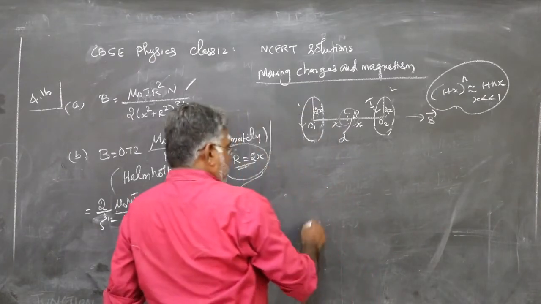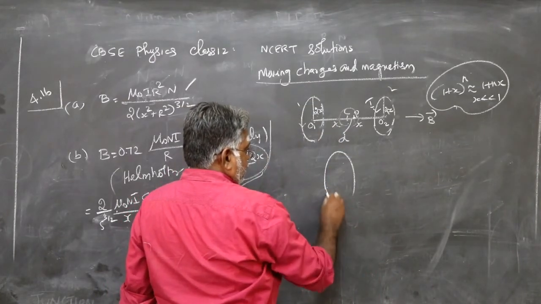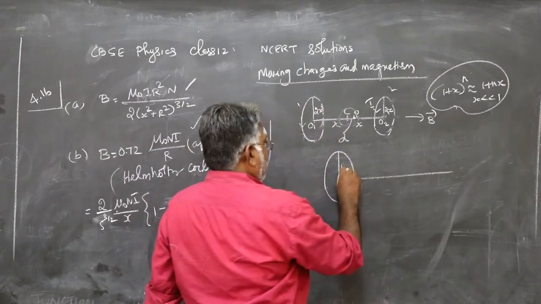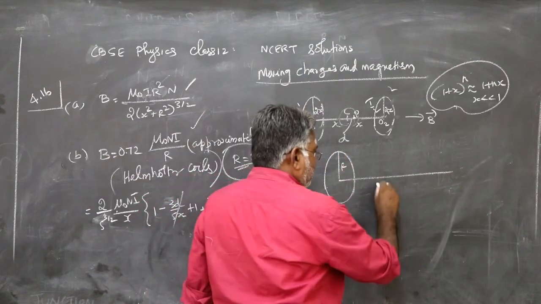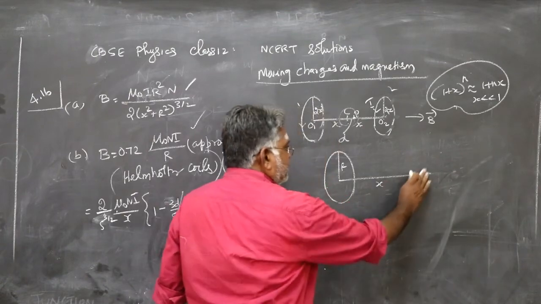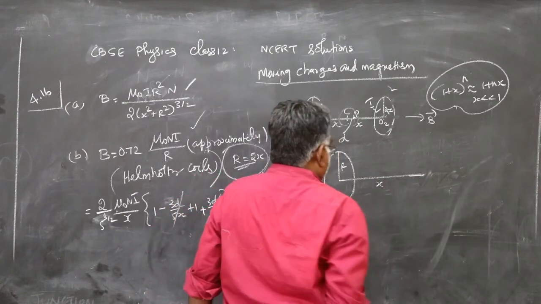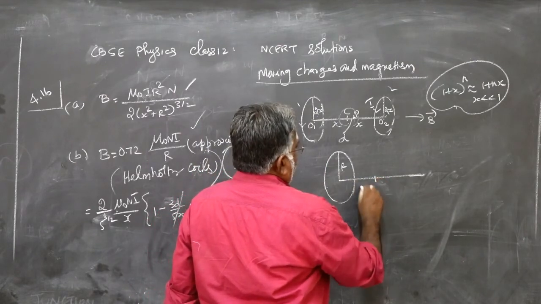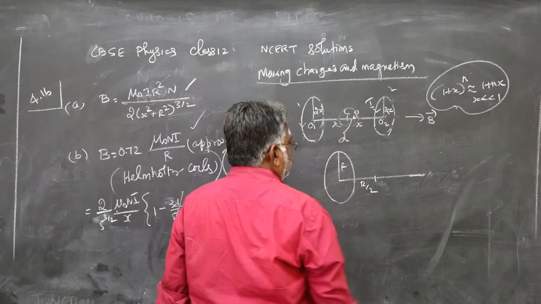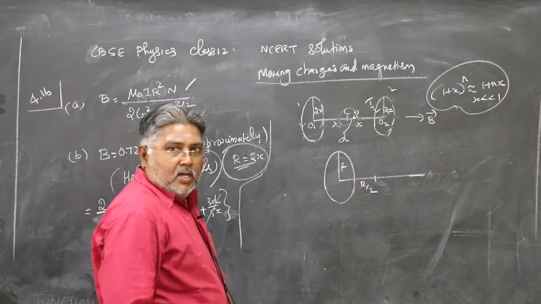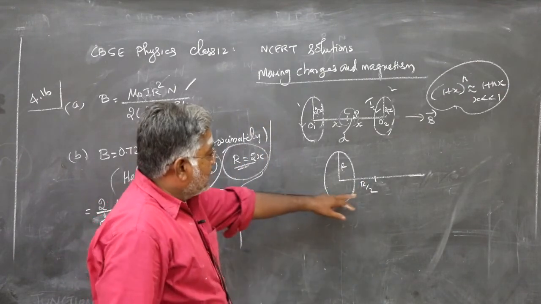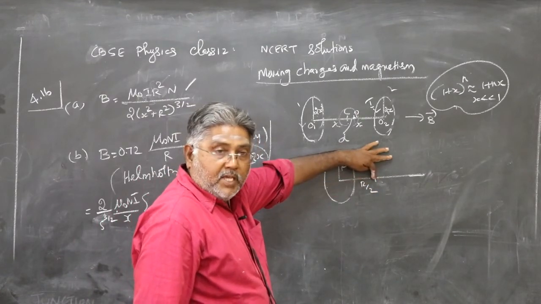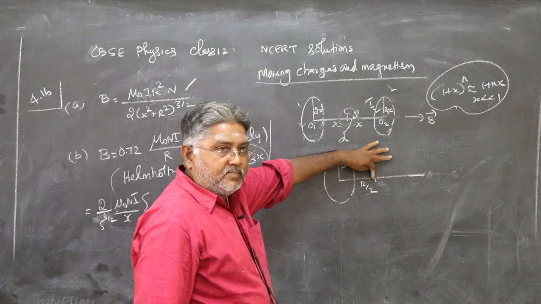See, if you have a circular coil, radius r, say some distance x. When x is equal to r by 2, at some point, you can easily prove using calculus the variation of magnetic field with distance is constant.